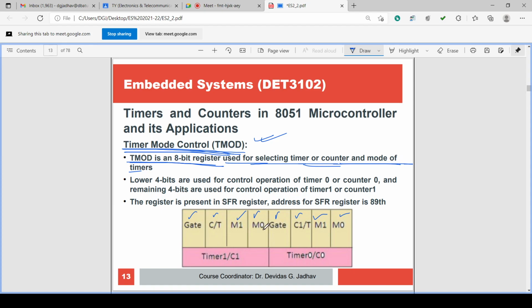So TMOD is an 8-bit register used for selecting the timer. This TMOD has two parts, two nibbles. One is timer 1 C1, second is timer 0 C0.